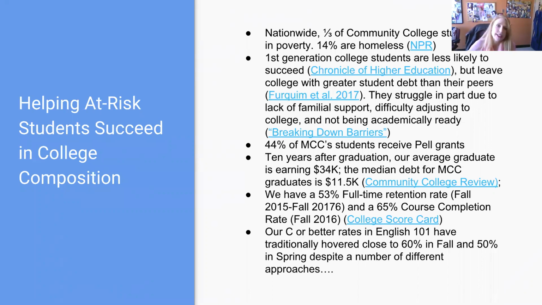But on this particular slide, I just listed some things that might be already known to you, some statistics you might already know, some that are specific to MCC: a third of our community college students live in poverty, 14% are homeless.